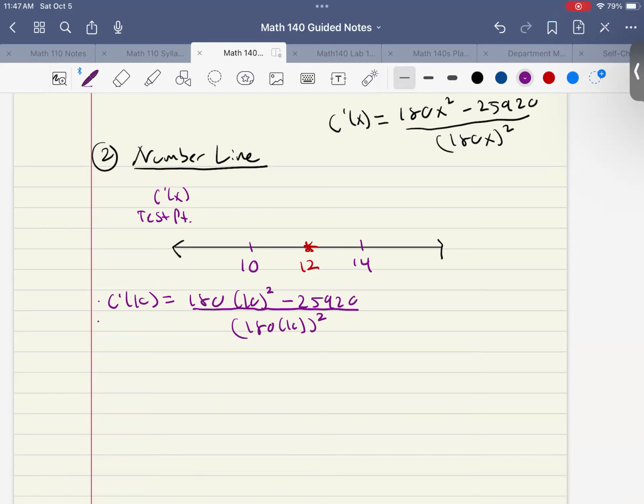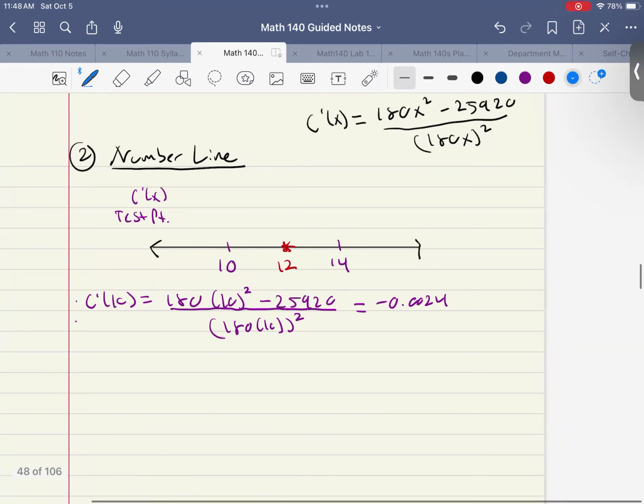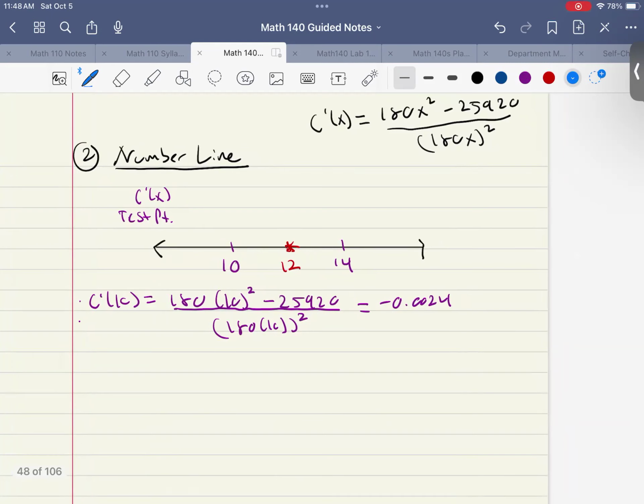All right, so if you do all these calculations, you'll end up with something like negative 0.0024, right? But we're not worried about the actual numerical value. We're worried about if it's negative or positive. So this is negative, which means it's going down. So let me kind of come up here and draw an arrow going down.